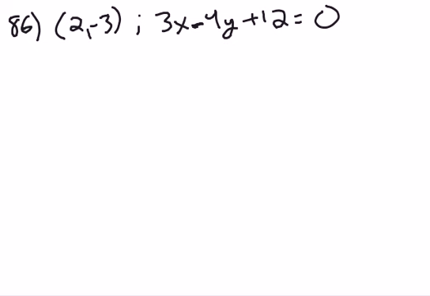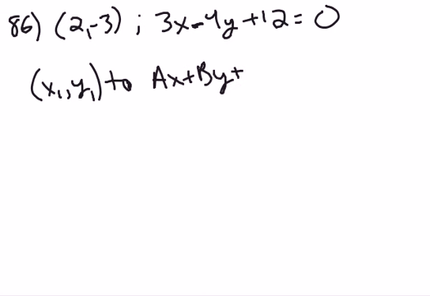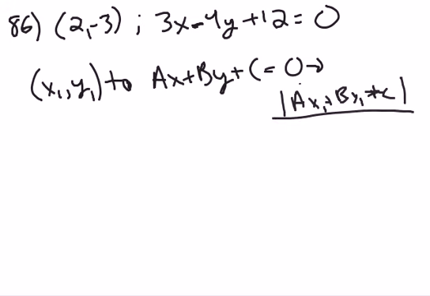So if you look at the very front, it says the distance from a point x1, y1 to the line ax plus by plus c equals 0, which is exactly the form I have, is the following: the absolute value of ax1 plus by1 plus c, all over the square root of a squared plus b squared. Okay, and the bottom will always be positive because it's the square root.